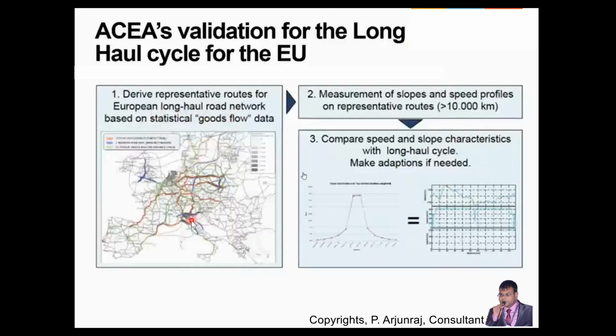Next they go for a measurement of slopes and speed profiles on the specific routes they have identified. Say, for example, routes greater than 10 kilometers, and they compare the speed and slope characteristics with the long haul cycle and make adaptations if needed.